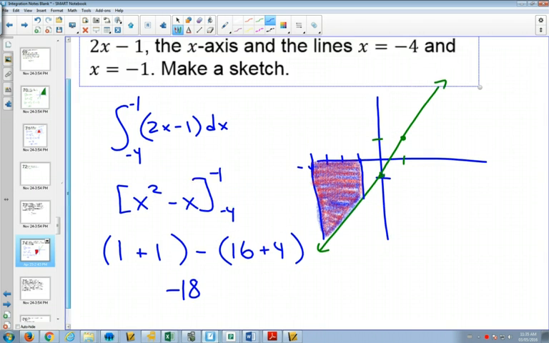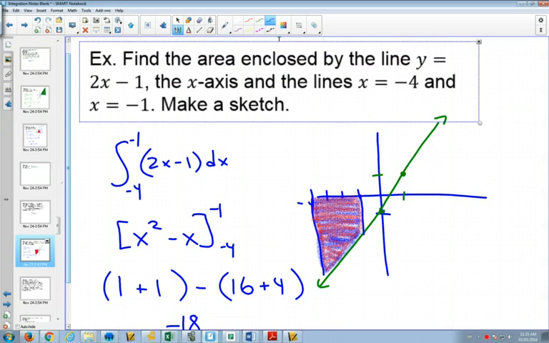But since the question said find the area enclosed, it's asking for an area. An area is a positive value. And so what you can do after the fact, if you'd like, you could say, well, since I know this is negative, I can put absolute value bars around everything all the way through.